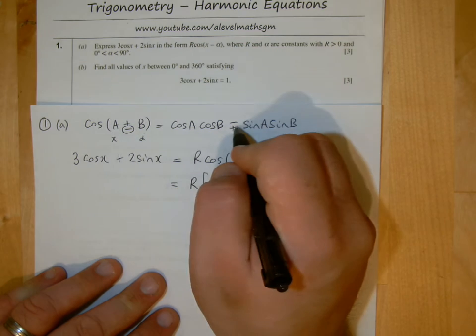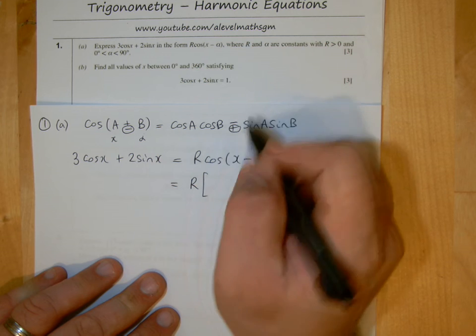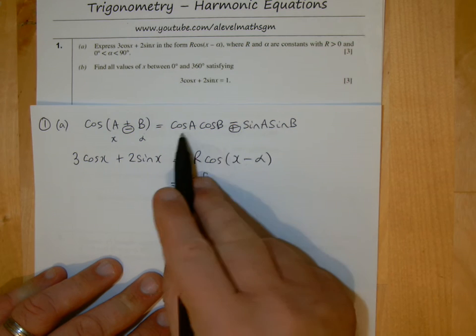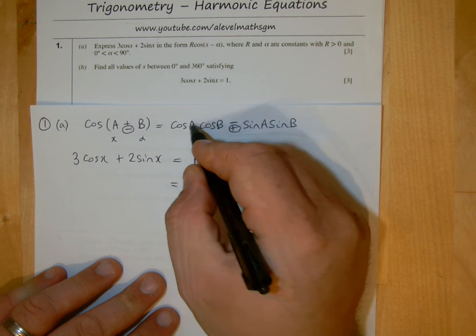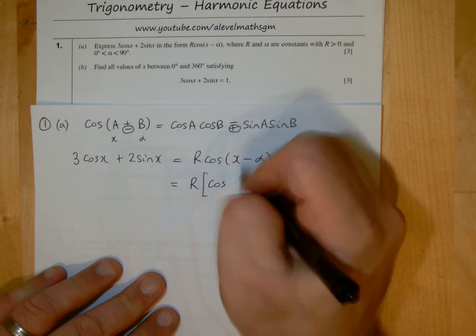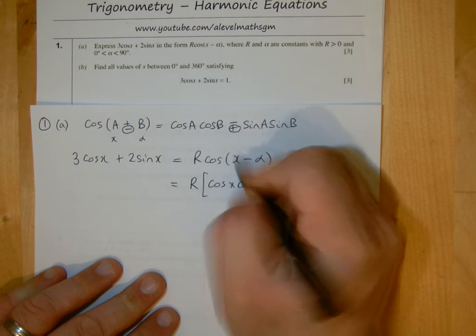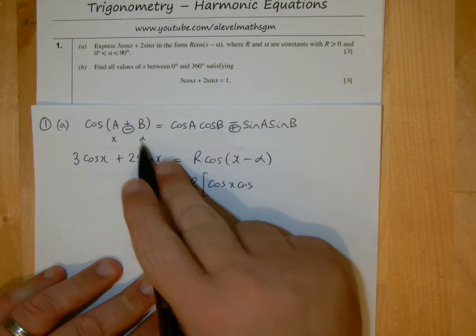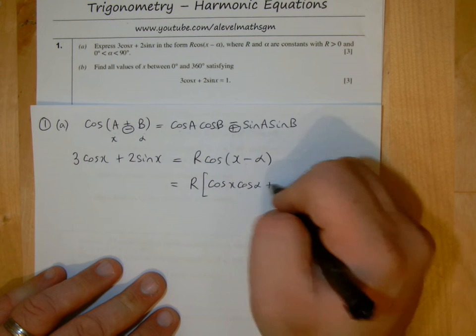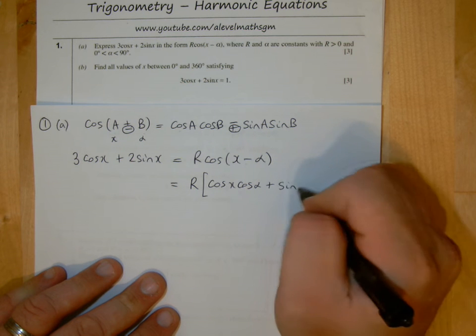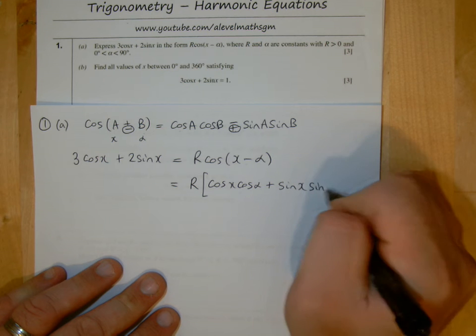So when I express it out in full, I got cos a, which is x, cos b, which is alpha, and because I'm choosing the bottom, it'll be a plus, and then sine a, so sine x, sine alpha.